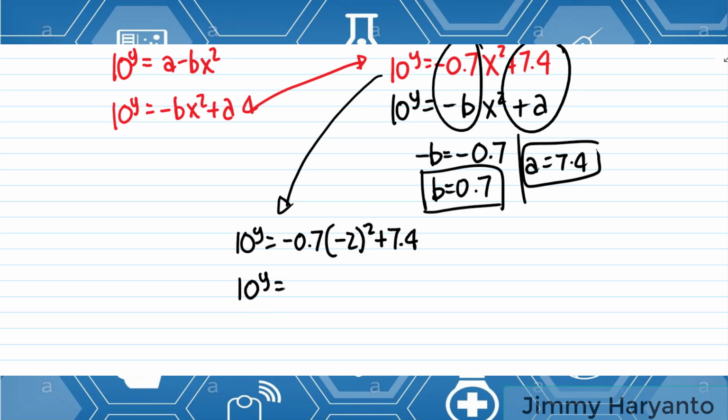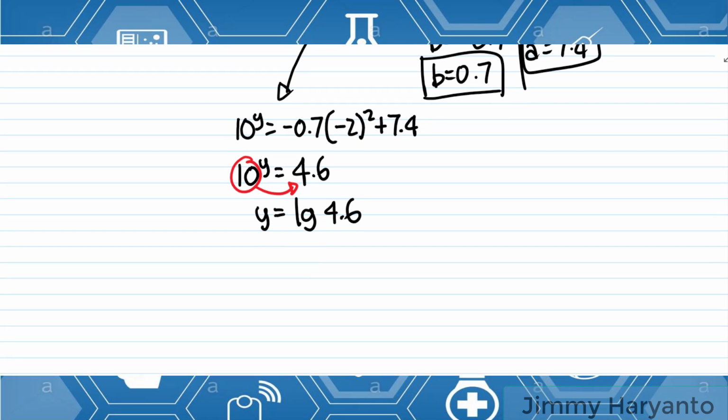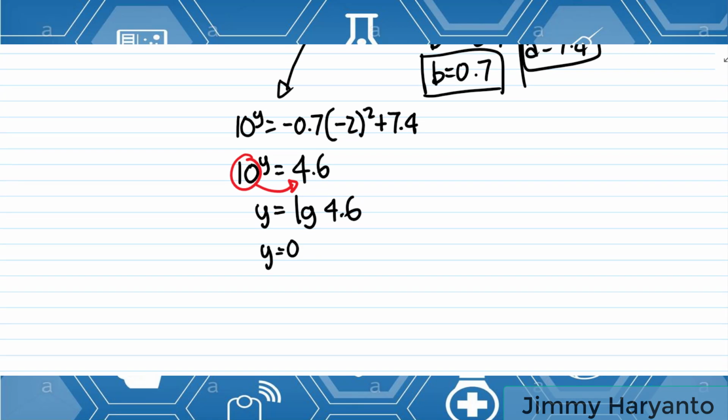So 10 to the power of y equals negative 0.7 times 4 plus 7.4, which is 4.6. Then move the 10 to the right side. We will have y equals lg 4.6. lg 4.6 equals 0.66. Y equals 0.66.